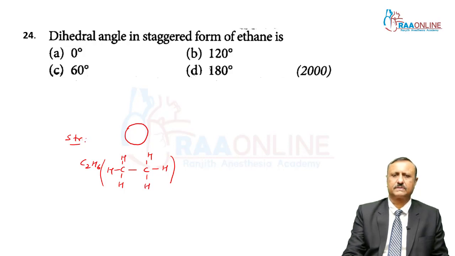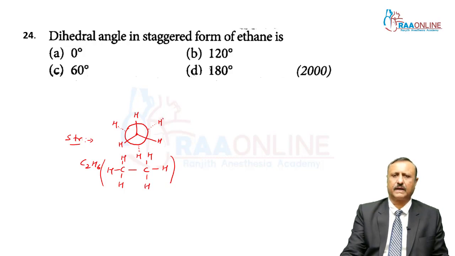When, my dear students, you draw this structure of C2H6, with the first H, second H and third H, and you draw this one H. Here, my dear students, this is the second H and this is the third H. This is the staggered form.